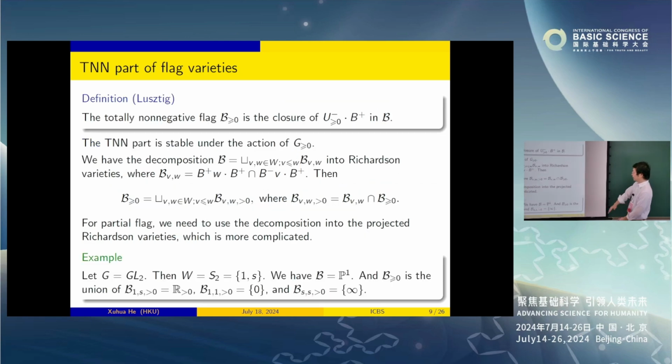Okay, so this is just for GL2. If you want to study GL_n, then it's not so easy. One way to understand this is to use local coordinates, but there are quite a lot of them. Also, a priori, it's not clear whether or not the totally non-negative part of the flag variety is just given by the conditions that all the local coordinates are non-negative.